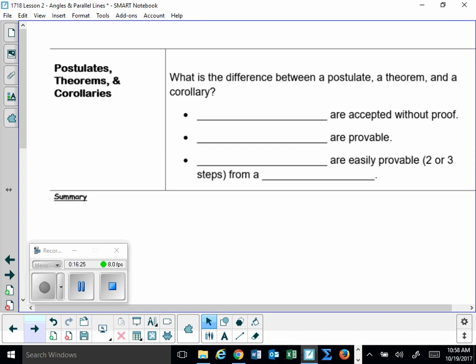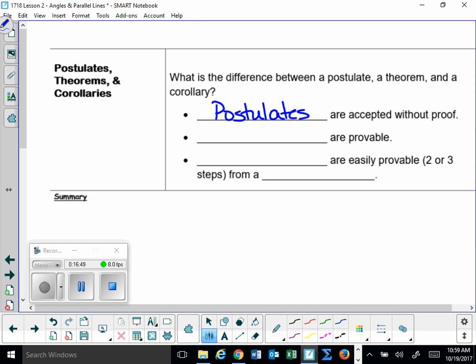All right, a question that often comes up, and just a reminder from Unit 1: what is the difference between postulates, theorems, and corollaries? We saw postulates and theorems in today's lesson. We're going to see corollaries later in this unit. But postulates are accepted without proof. They're the building blocks.